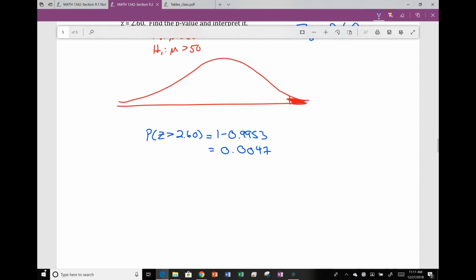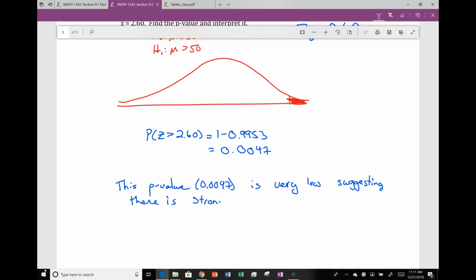So in this particular case, this p-value of 0.0047 is very low, suggesting there is strong evidence to reject the null hypothesis.